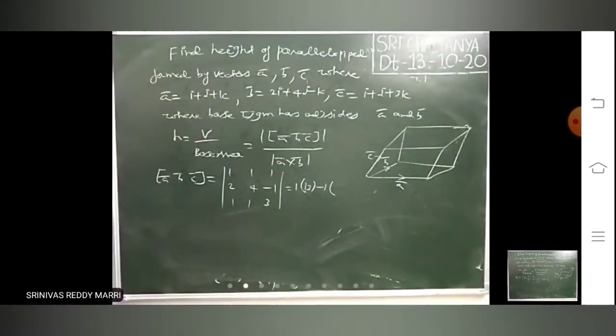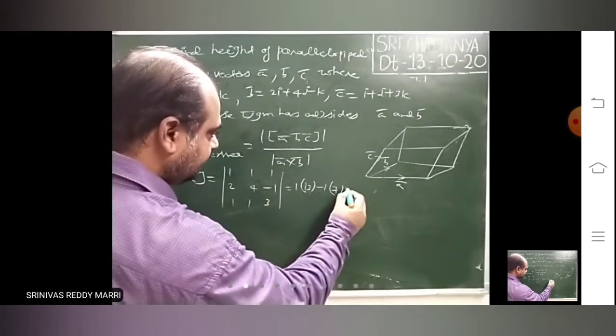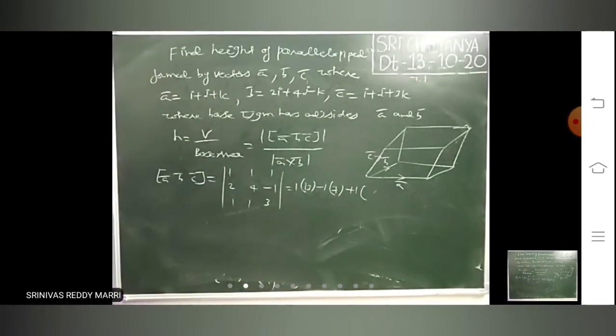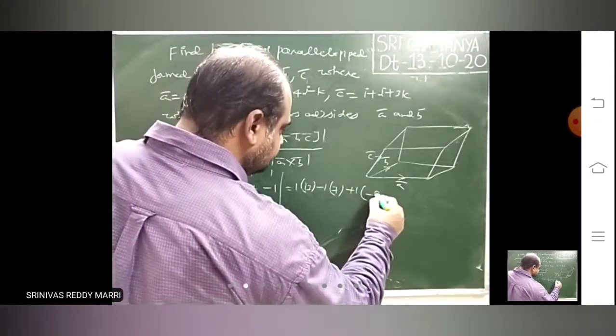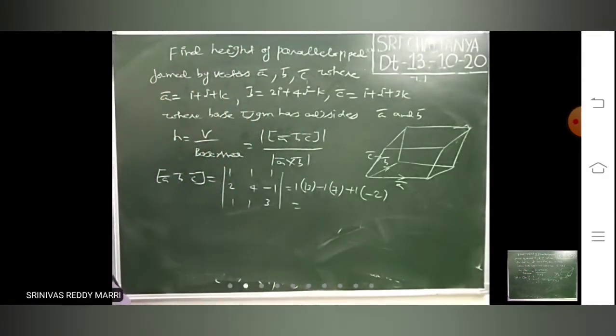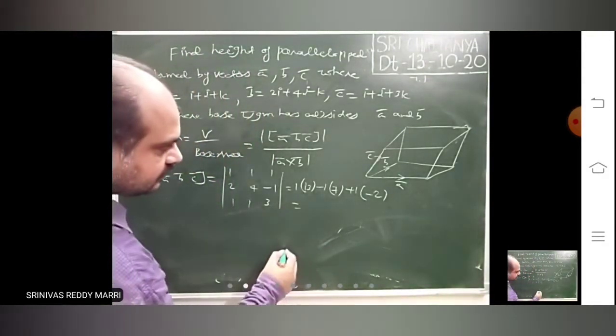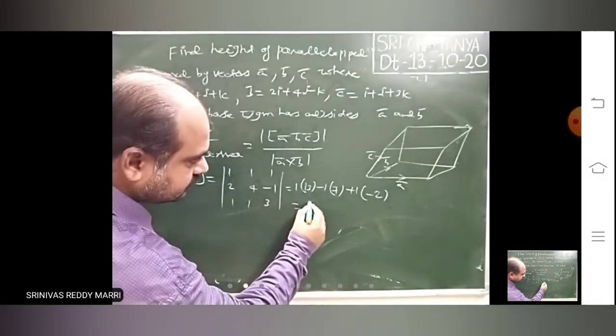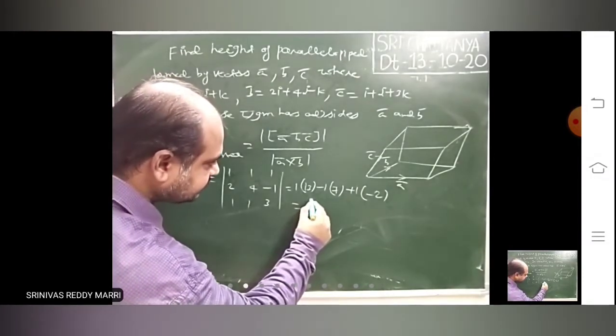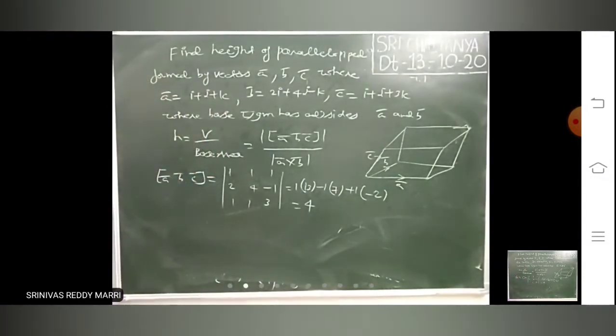So minus 1 into 6 plus 1, 7, plus 1 into 2 minus 4, minus 2. So that means you will get 13 minus 9, 4 you will get. So therefore this is box ABC.